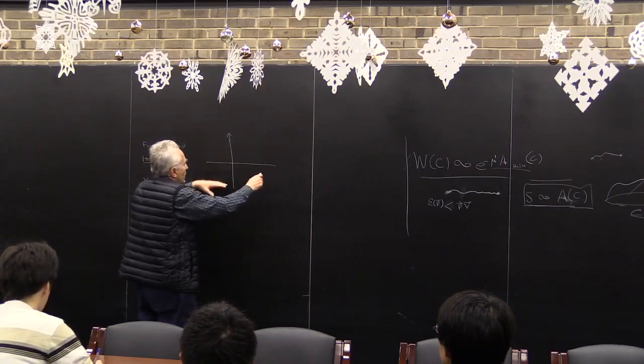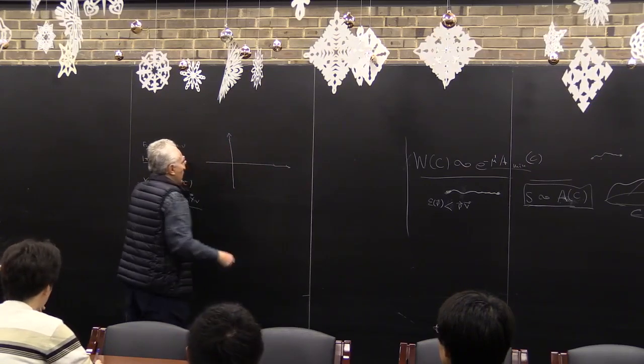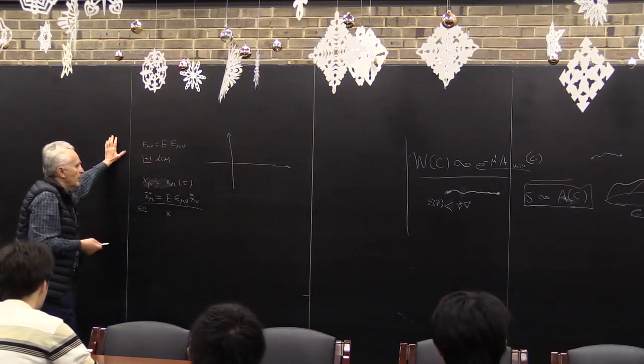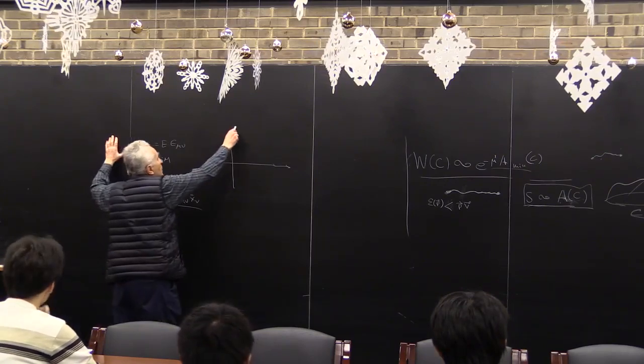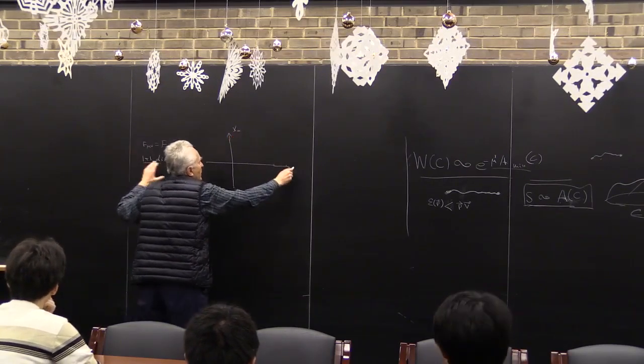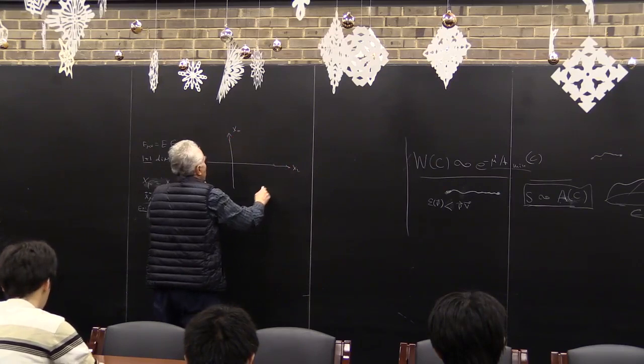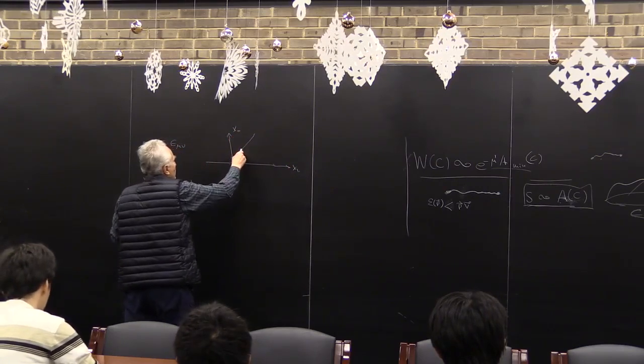I'm just reminding you, and I'm sure you know some of this. If we have x0, time, here, and space here, we have the light cone.